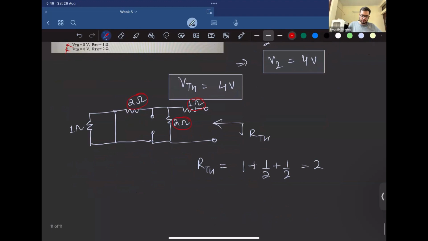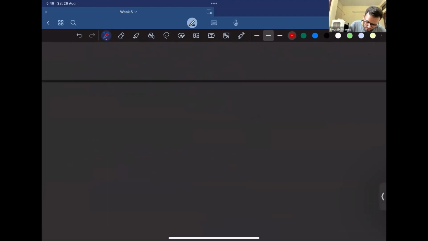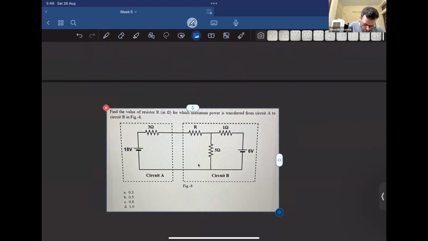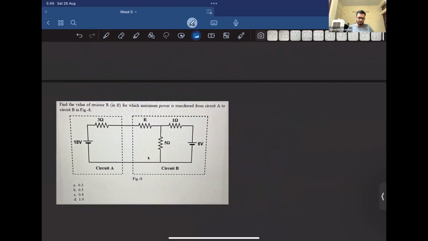So we still have 6 minutes. So let's solve one more question. Yeah, this question. So what are we given? We are given that there is circuit A, which has an 18 volt voltage source in series with a 3 ohm resistance, and the other circuit is some circuit, right?